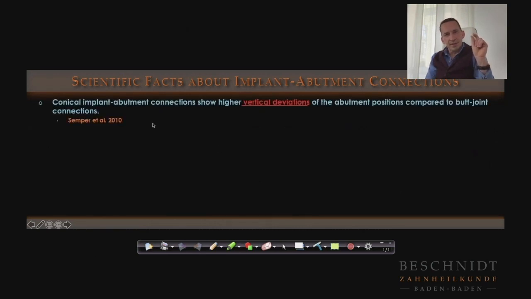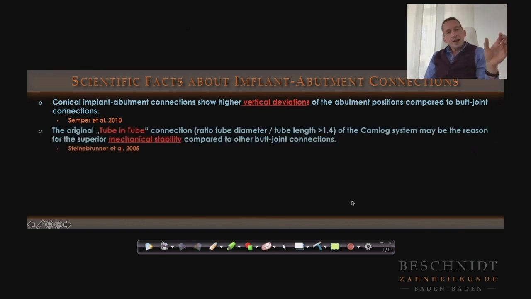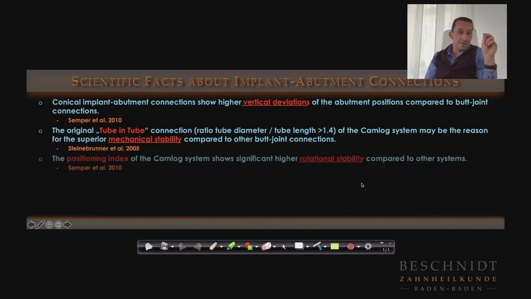The conical implant abutment connections show higher vertical deviations, of course, and this makes it a little more difficult in the prosthetic workflow. The original tube-in-tube connection of the Camlog has a very high mechanical stability because of its tube length. In the conical connection, the rotational stability is secured by the cone.